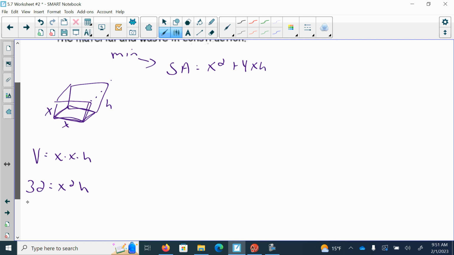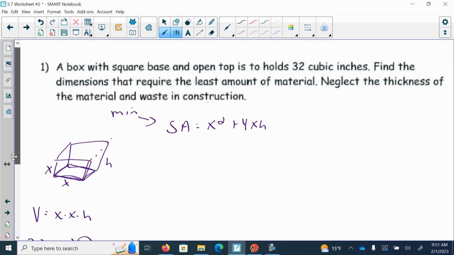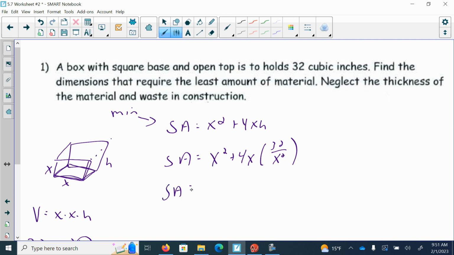So what I'm going to do is I'm going to go down here and I'm going to probably solve this for h and make this 32 over x squared is equal to h. So I'm going to put the surface area is equal to x squared plus 4x, and then the height is 32 over x squared. So now my surface area is going to be x squared plus 128 over x.